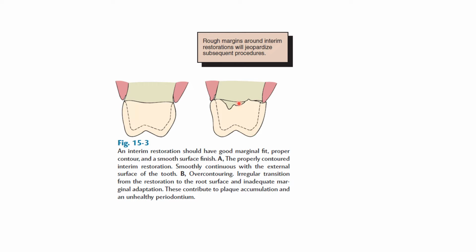Here it has been chipped off, so rough margins around the interim restoration will jeopardize the subsequent procedure. It would cause swelling in the gingiva, and sensitivity in the tooth if it's a vital tooth. So we have to contour it properly and have a smooth surface. Plaque will accumulate and there will be swelling in the gums.